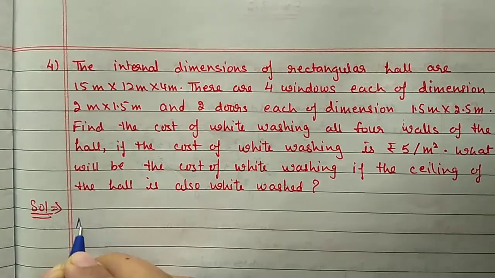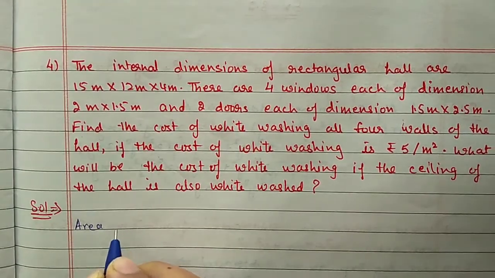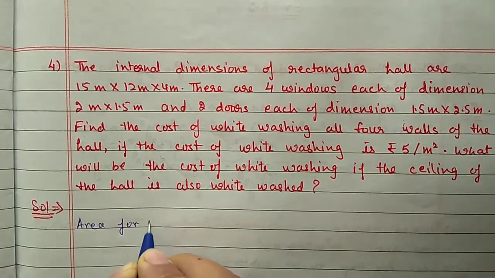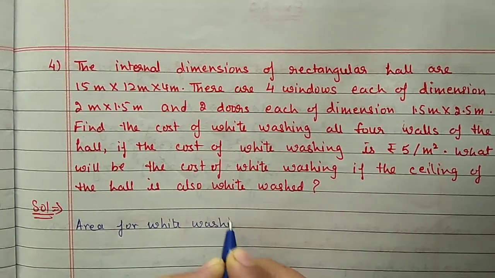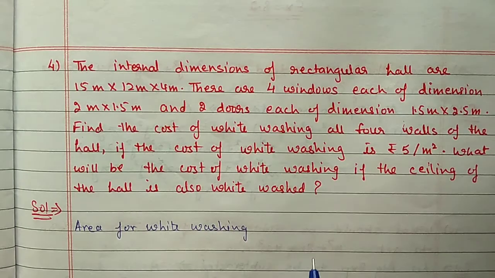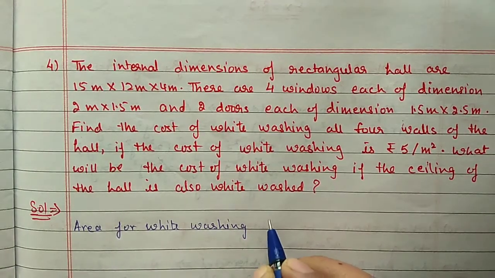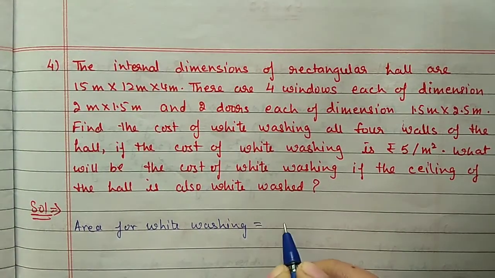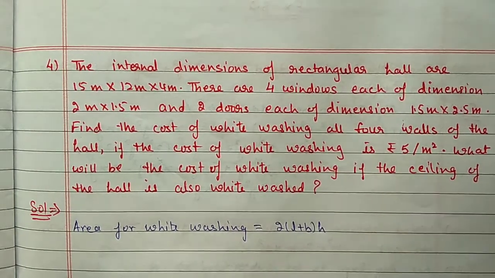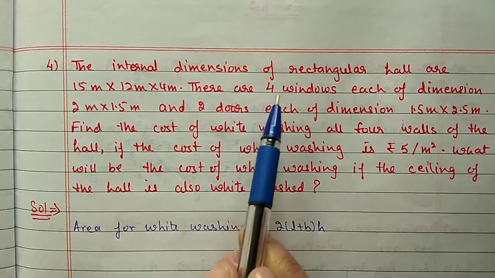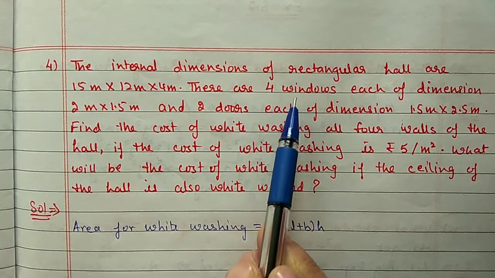So area for whitewashing, we have to whitewash on 4 walls. So 4 wall area we will take. For that the formula is 2 into (L plus B) into H. But we will not whitewash over the windows and doors.